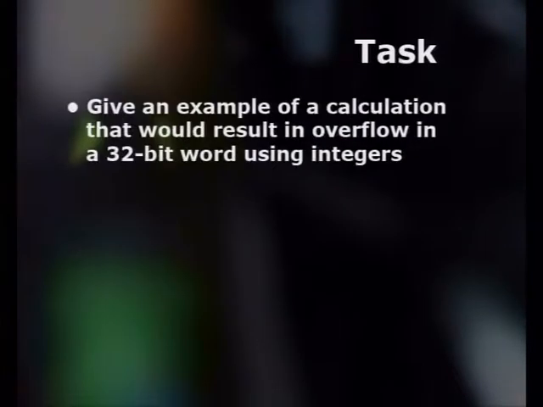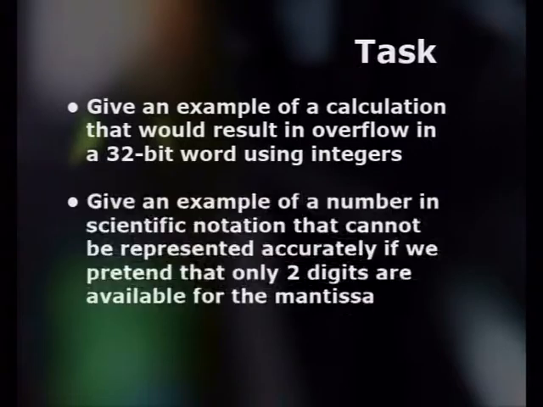Give an example of a calculation that would result in overflow in a 32-bit word using integers. Give an example of a number in scientific notation that cannot be represented accurately if we pretend that only 2 digits are available for the mantissa.